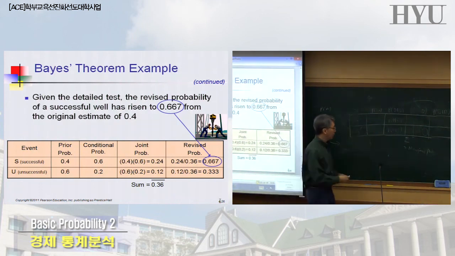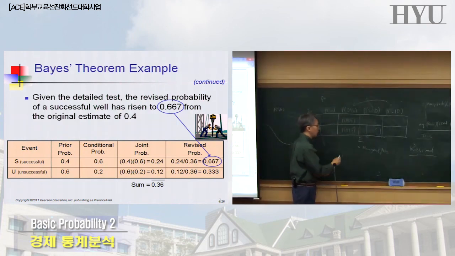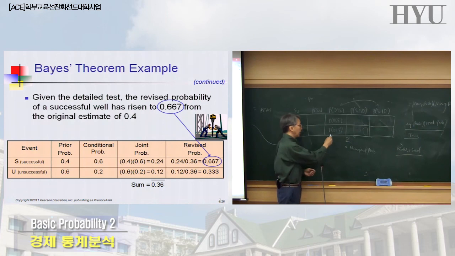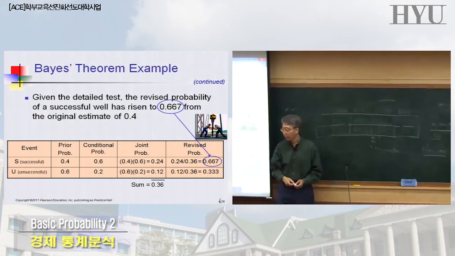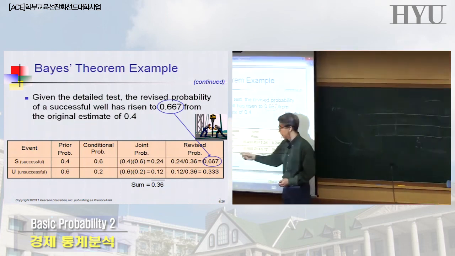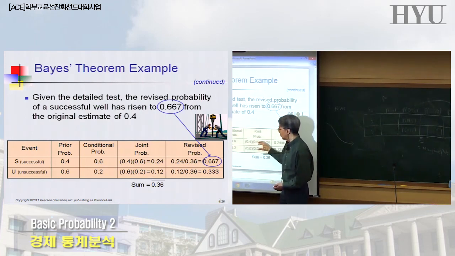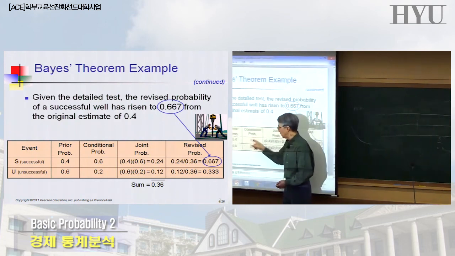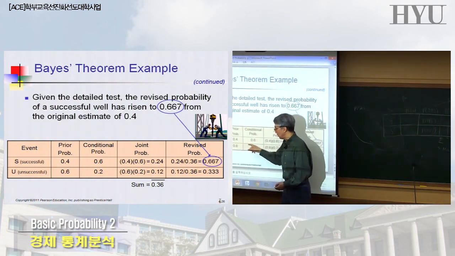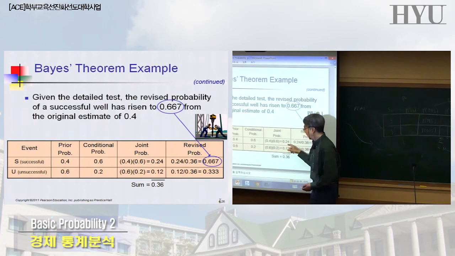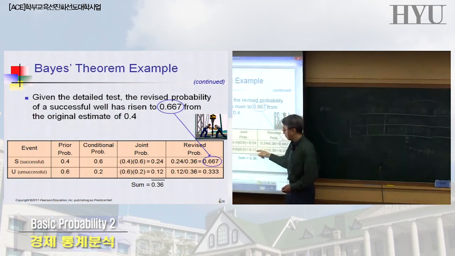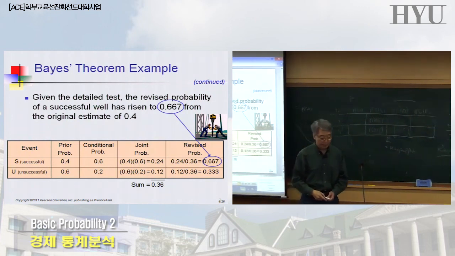Among the holes that are unsuccessful, the probability that the test will come out positive was only 20%. So using the conditional probability, we calculate the joint probability of two events: successful and test positive, unsuccessful and test positive. We come up with these two joint probabilities, and when we add them up, we come up with the marginal probability.